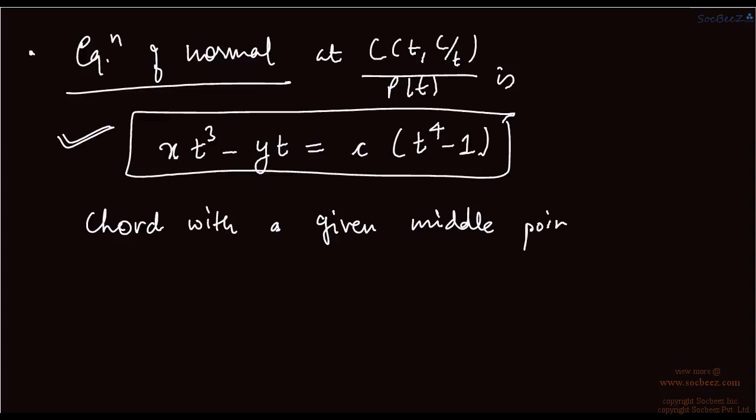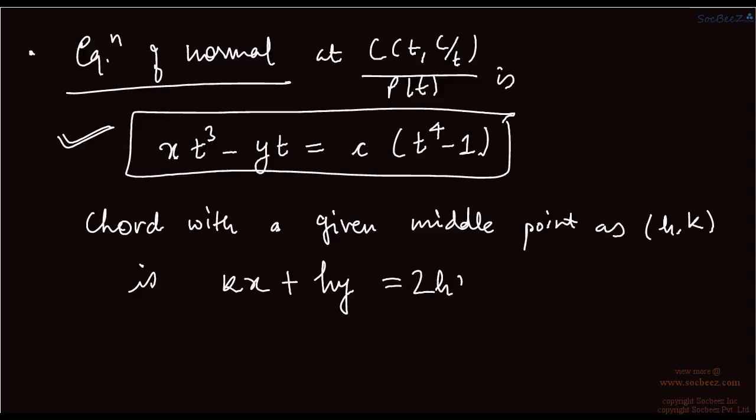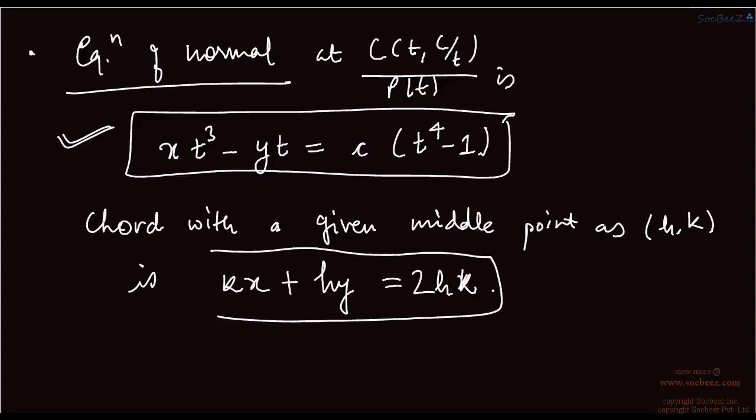Okay, so middle point as h comma k, let's say, is kx plus hy is equals to 2hk. Fine. So this is the equation of a chord with the given middle point. You will be given this middle point and the hyperbola, so you have to just find the equation of the chord with this given middle point.